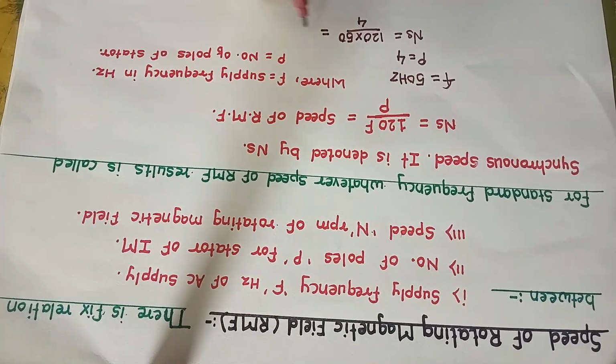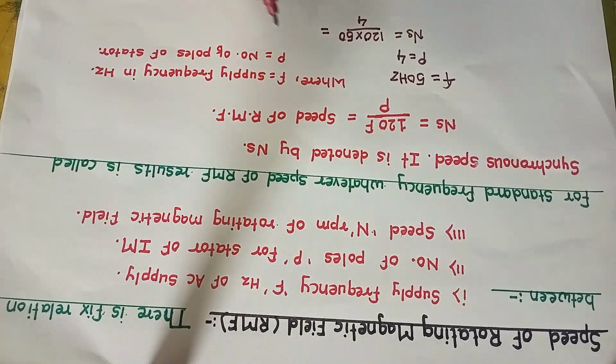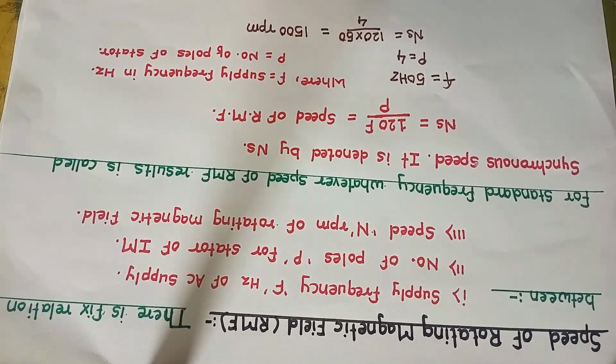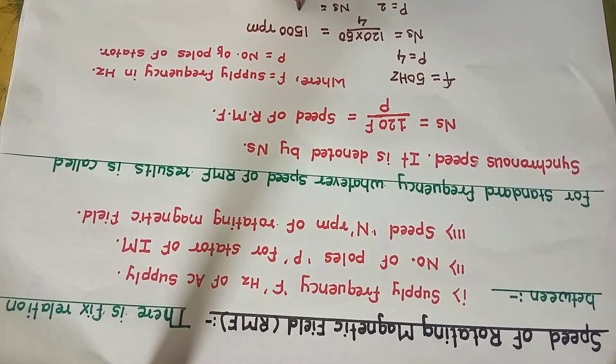So if you solve this, you will get ns as 1500 rpm. Similarly, for p equal to 2, replace this 4 with 2, and you will get ns as 3000 rpm.